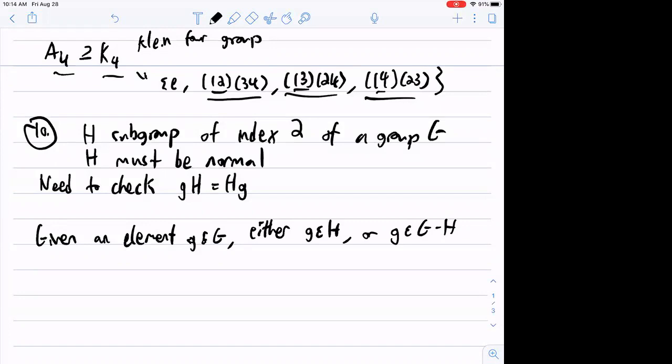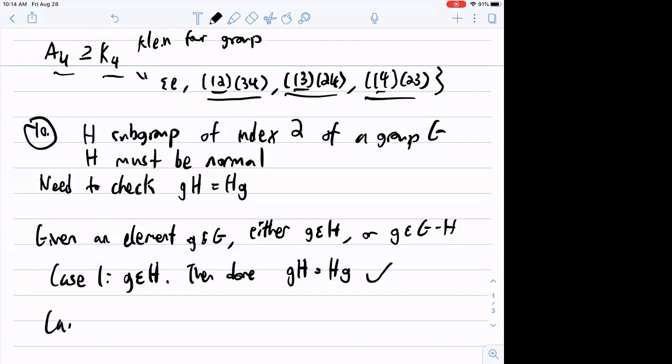In the first case, g is in H, and then we are done, because since g is in H, gH is equal to Hg, since H is closed under the group operation. So we are done.